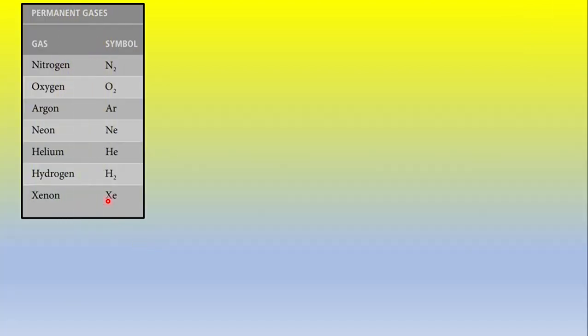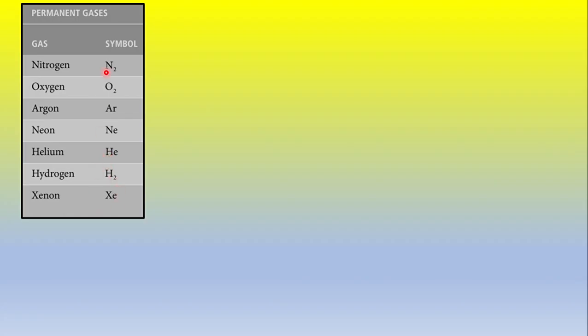See the permanent gases: nitrogen, oxygen, argon, neon, helium, hydrogen, and xenon. Remember, helium is greater than hydrogen in the present time, and neon is greater than helium, hydrogen, and xenon.